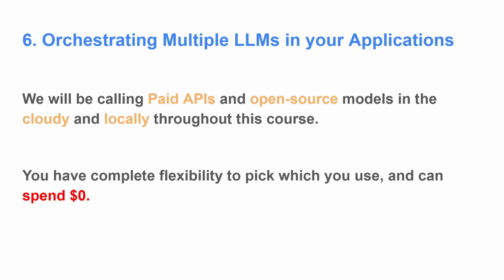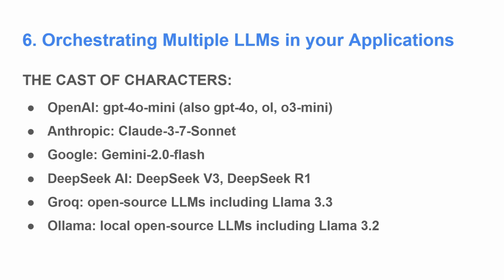Now we are going to see the cast of characters. So these are the models and services we will be orchestrating. First of all, we have the major API providers, that is OpenAI, with models like GPT-4o mini, and Google with its Gemini 2.0 Flash model. But we won't stop there.